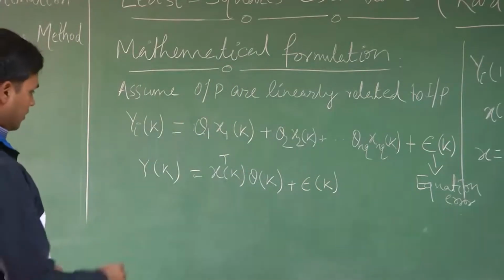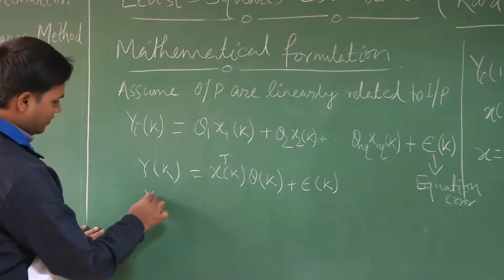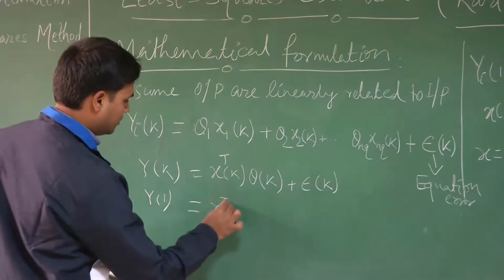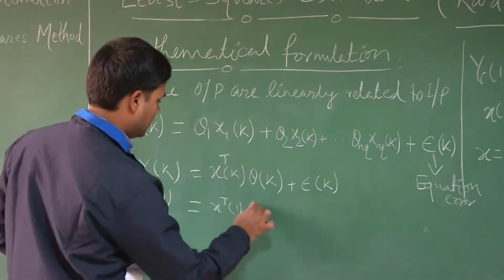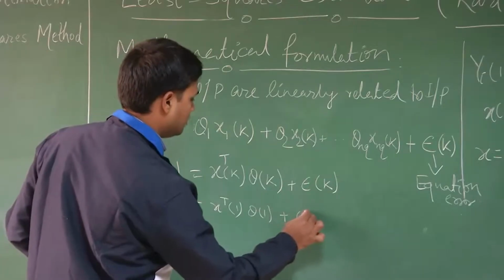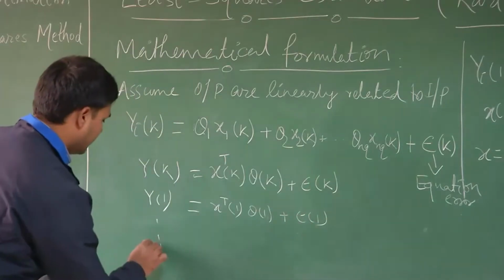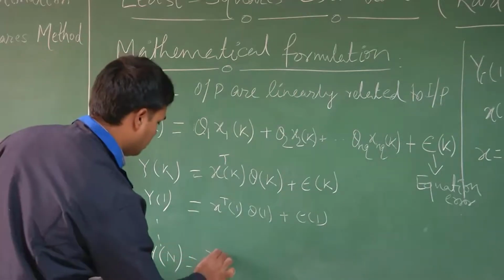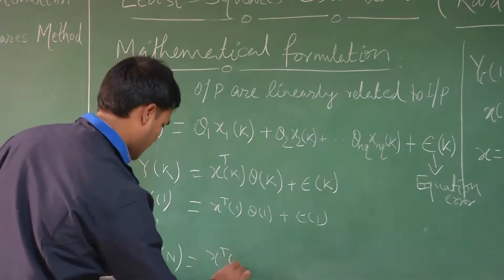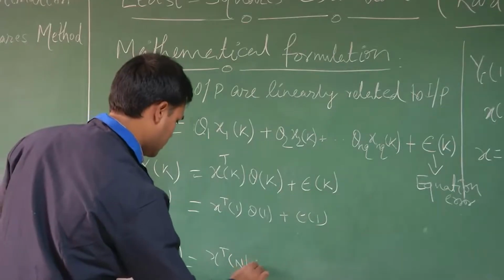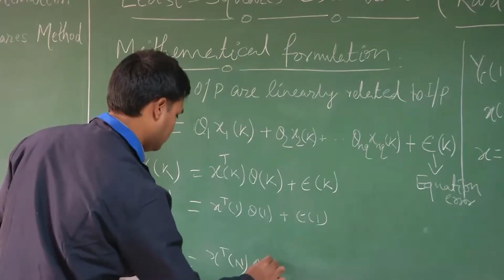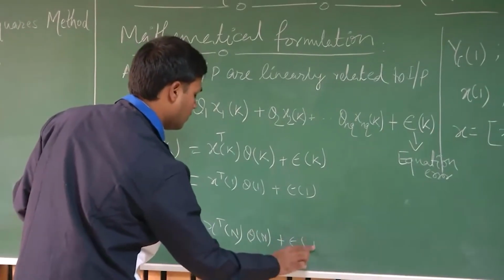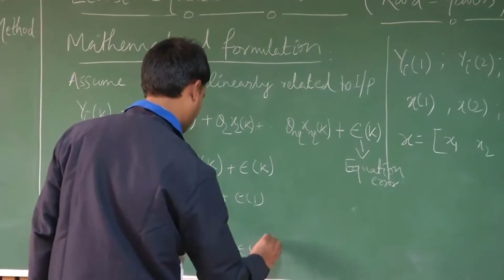Now if you generalize it, sample by sample, the corresponding y1 will be x transpose 1 theta of 1 plus epsilon 1, and the nth sample will be x transpose of n theta plus epsilon n.